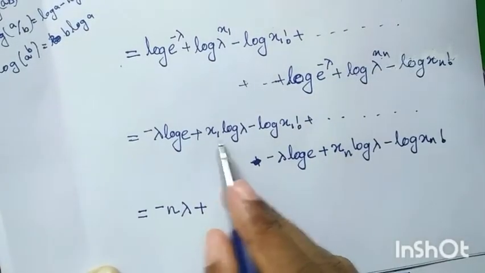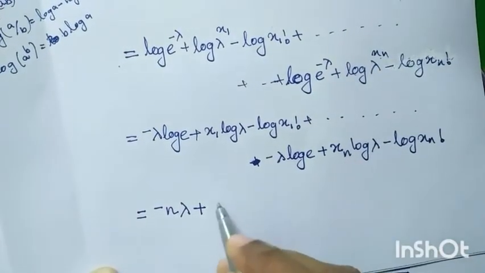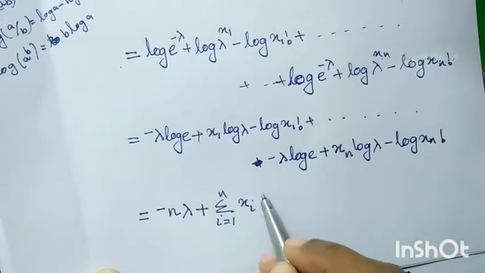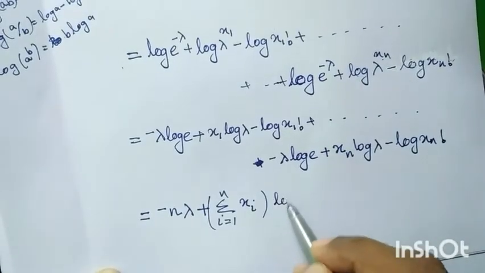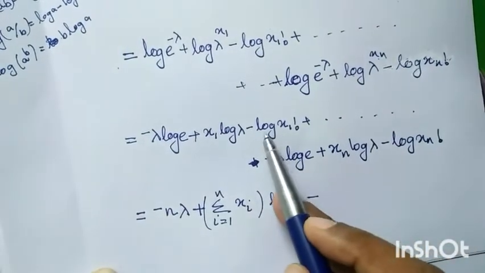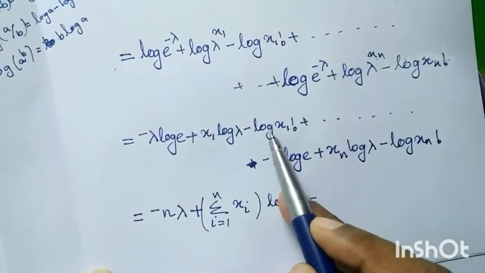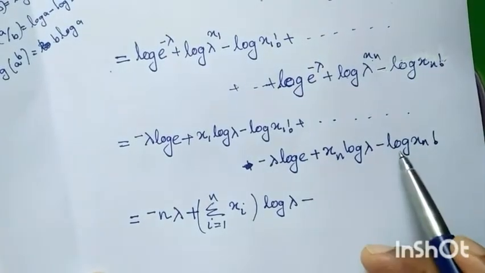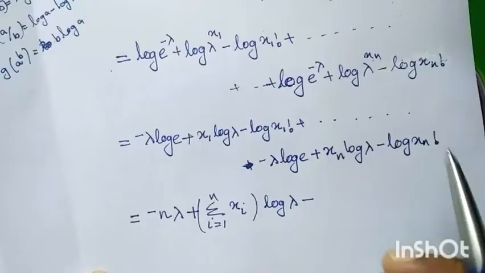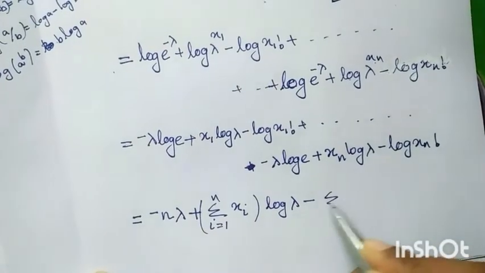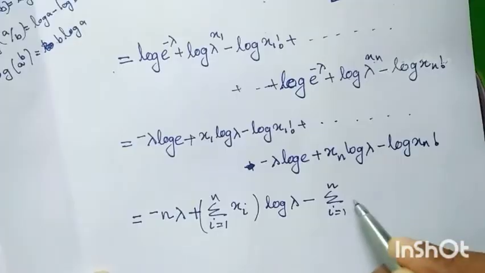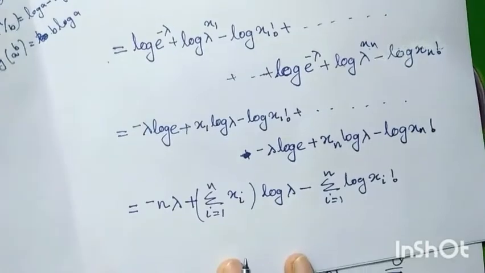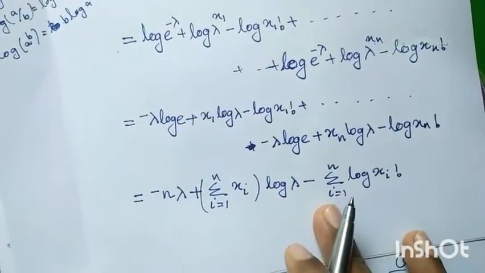The remaining terms are x1 plus x2 plus etc. plus xn, which I write as sigma i equals 1 to n xi, into log lambda, minus the remaining terms: minus log x1 factorial, here minus log x2 factorial will come, and so on, and finally minus log xn factorial. So we can write sigma i equals 1 to n log xi factorial. Okay, now this is the log likelihood function.